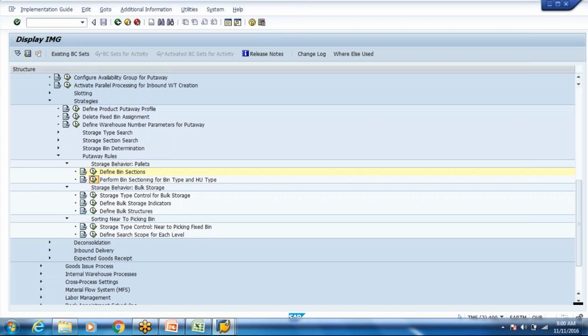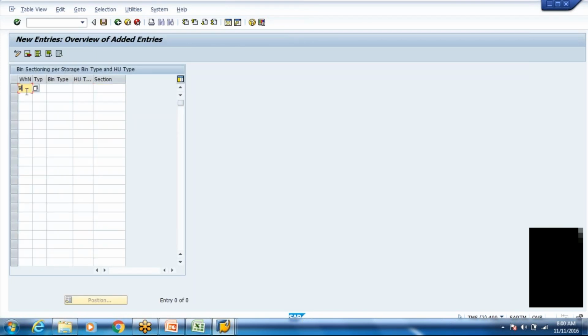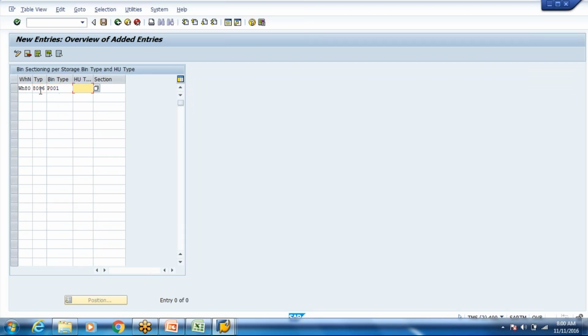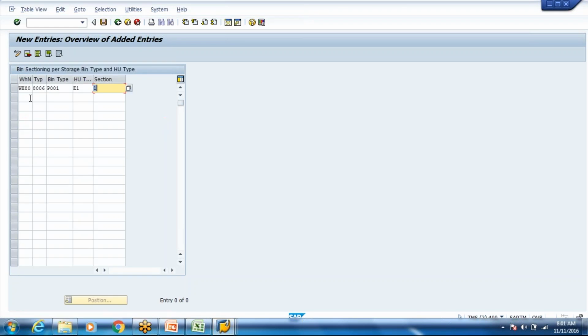Then next config is this one, where we say, okay, whenever we are receiving stock in WH80, storage type is 8006, bin type is P001, HU type is E1, and we want it to be divided into section 1. Section 1 means just 1 bin, 1 HU.